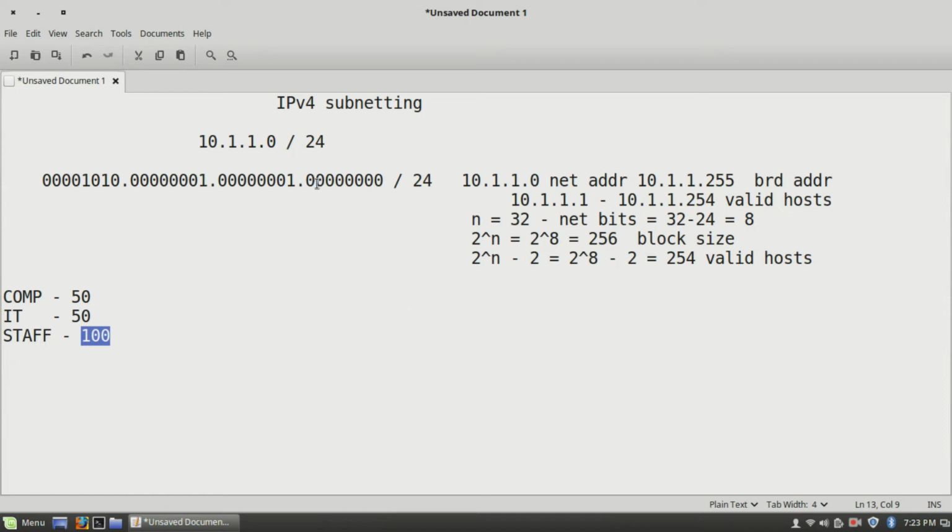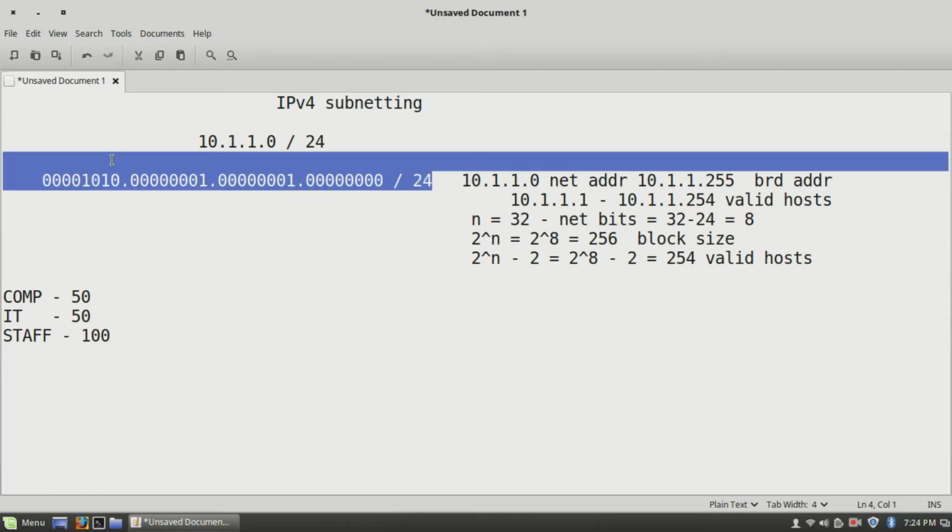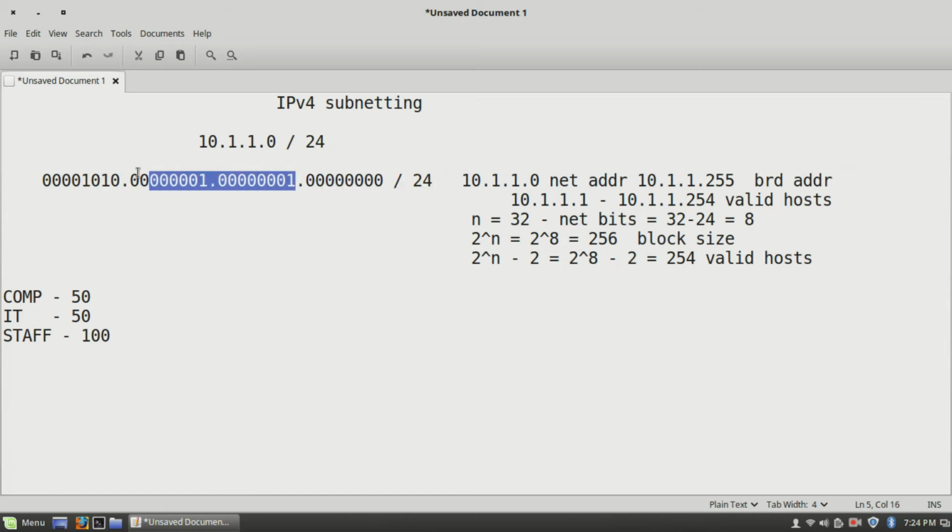Now, let's say I have this network, and of these bits, the first 24 belong to network bits and the remaining 8 bits belong to host. Let's say I assign 1 bit from host bits to network bits. What will happen? Let me copy this here.